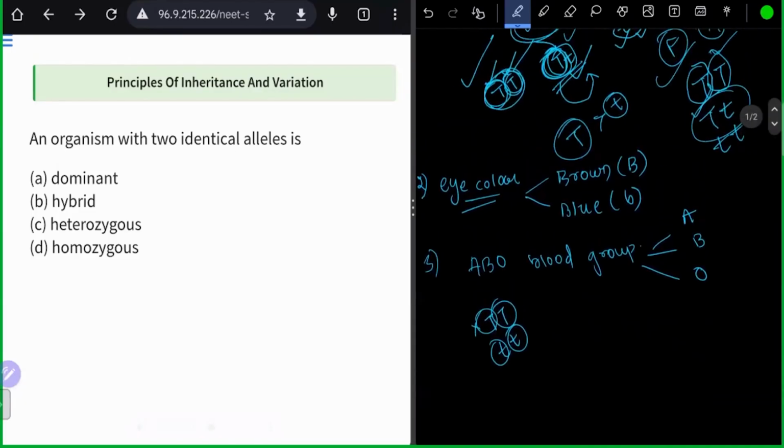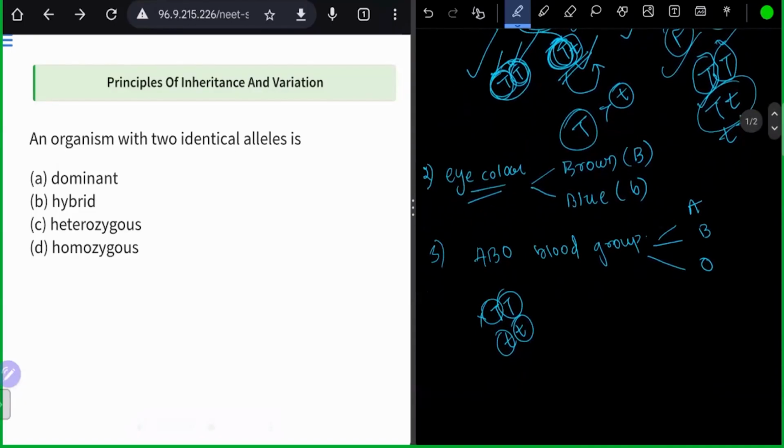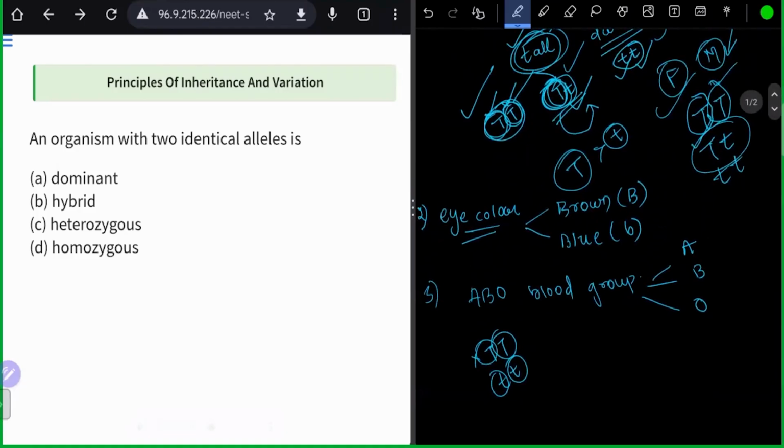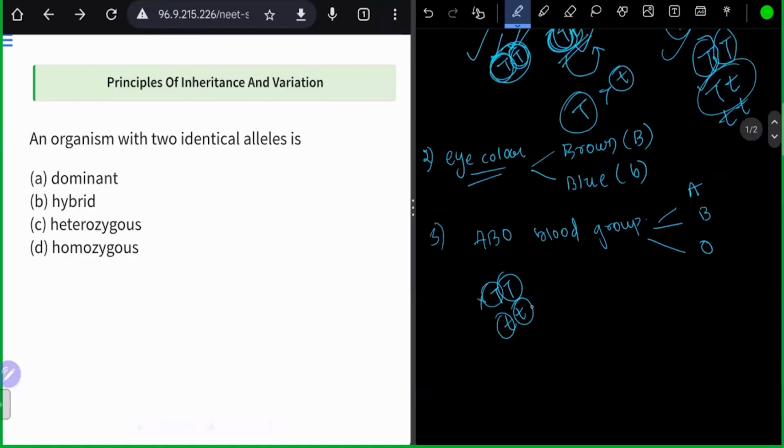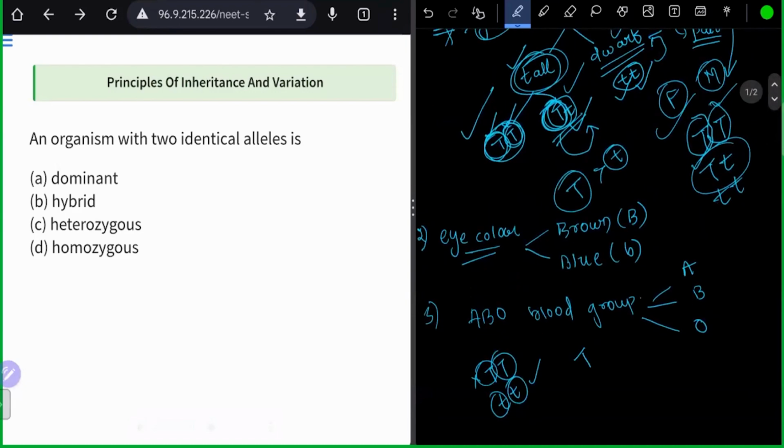So it is the case of what? First one is dominant. Is it the case of dominant? No, because in the small t case, it is the case of a recessive character. Is it heterozygous? No, because with capital T and small t, when both alleles are different, then it is the case of heterozygous. As the two alleles are the same or identical, the answer will be homozygous.